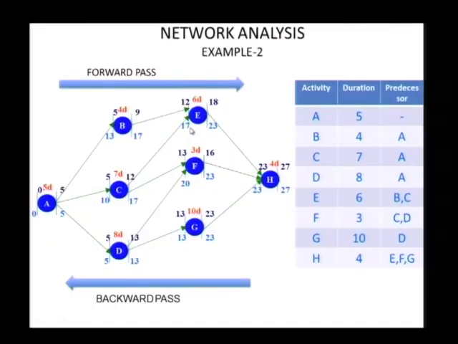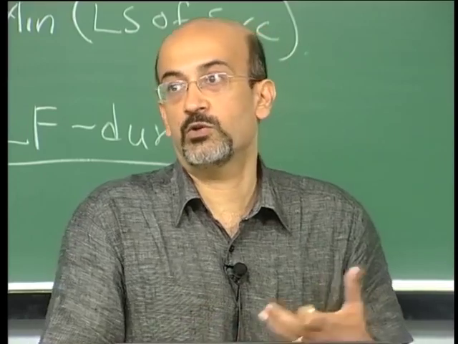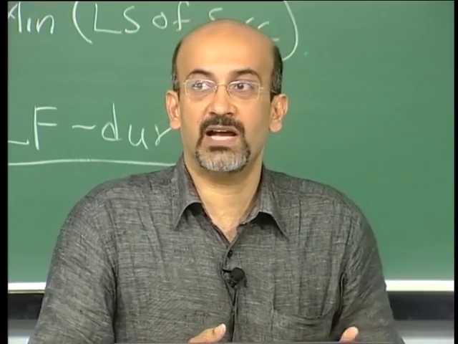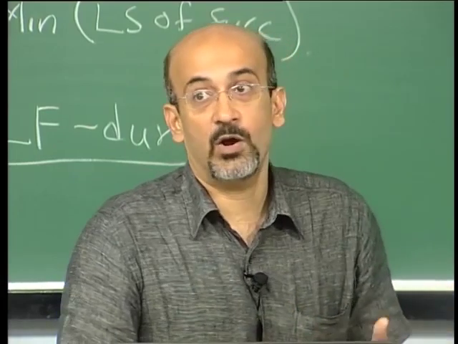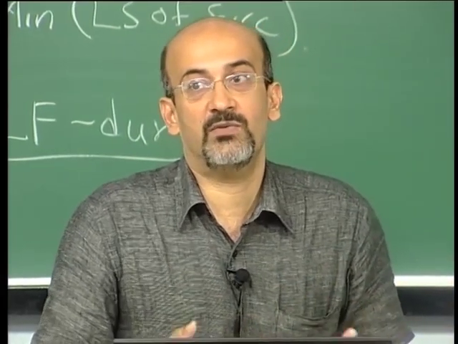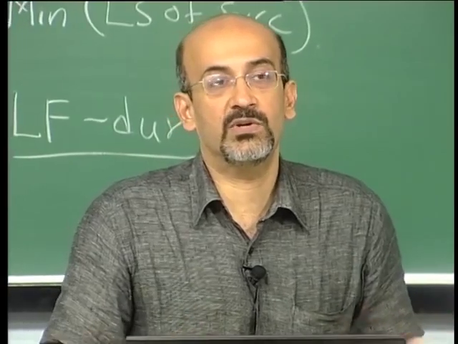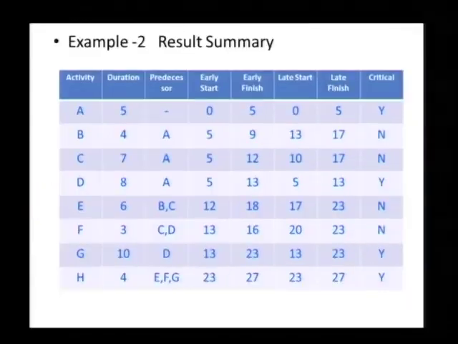So there is a lot of play here which project managers use to schedule resources, if they have to share resources between activities. This is all about slack or float, and this is something one has to understand very well to be able to utilize resources effectively on a project.